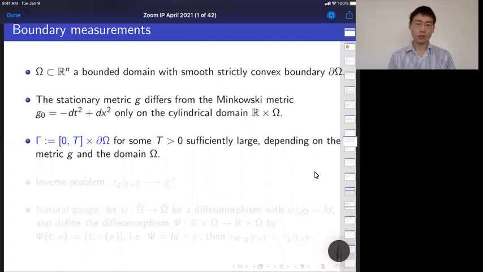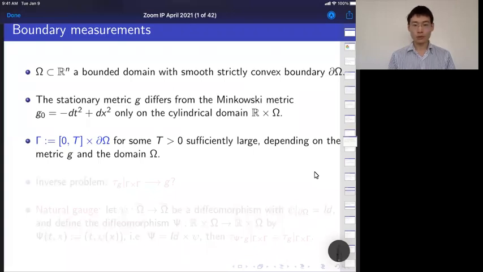So in the time direction, of course, it's not reasonable to make measurements on an infinite time domain. So we will restrict our measurement to some portion of the boundary of this cylindrical domain by letting this gamma be the closed interval from zero to capital T times the boundary of omega.